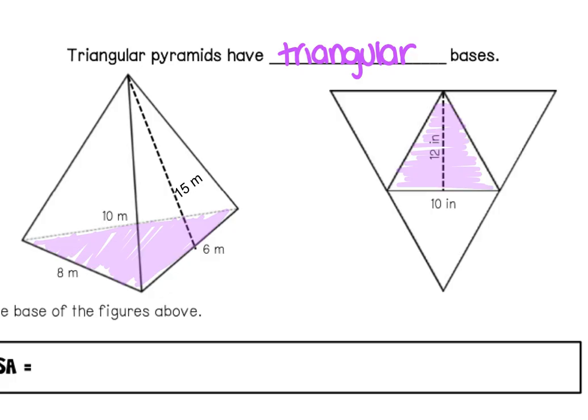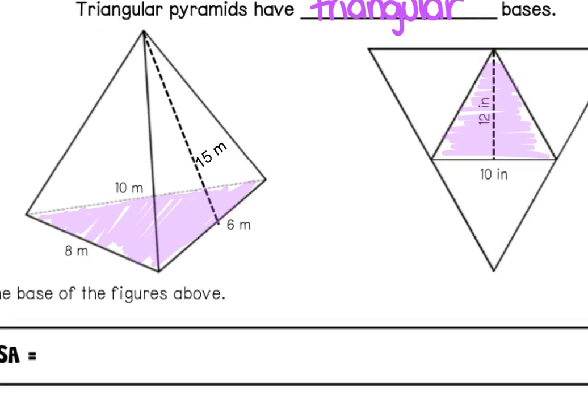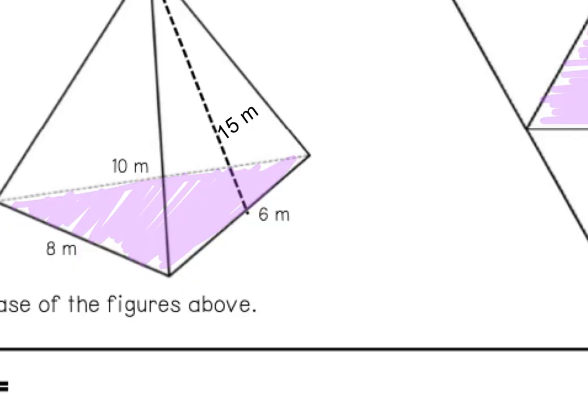On this first shape, it actually didn't give us quite enough information. So what I need you to do is on the base triangle, mark that our right angle is right up here in this front corner.